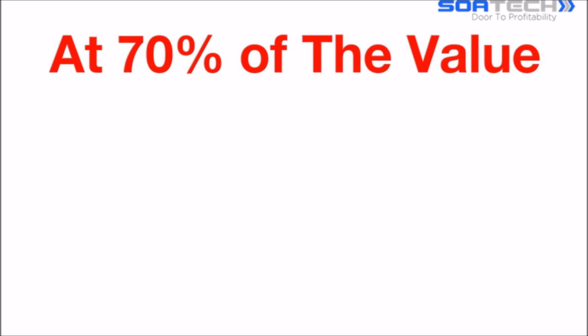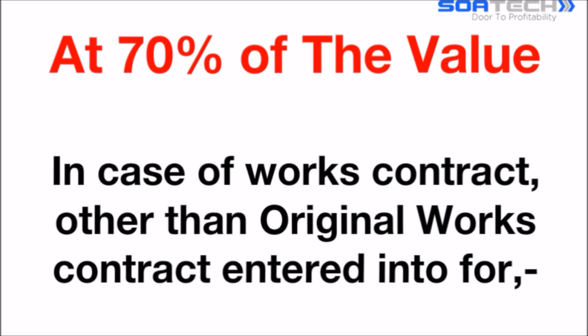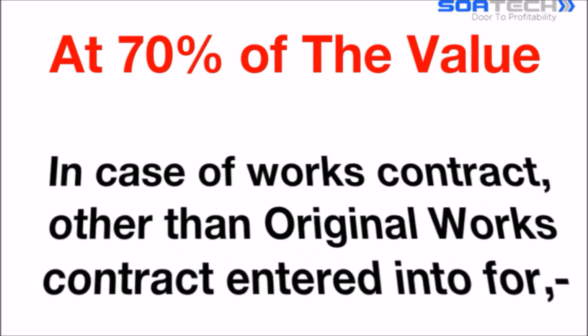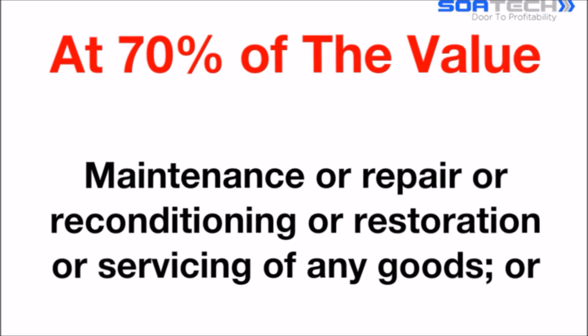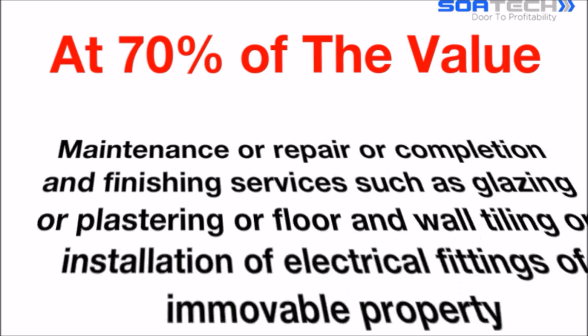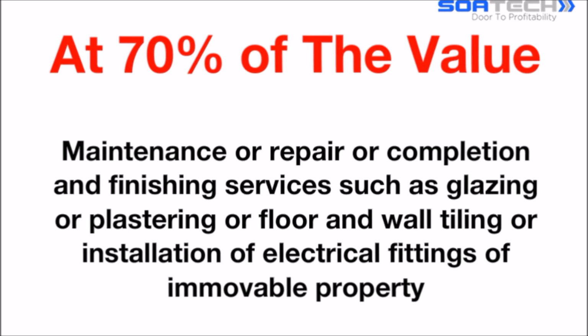At 70% of the value, in case of works contract other than original works contract, entered into for maintenance or repair or reconditioning or restoration or servicing of any goods, or maintenance or repair or completion and finishing services such as glazing or plastering or floor and wall tiling or installation of electrical fittings of immovable property.